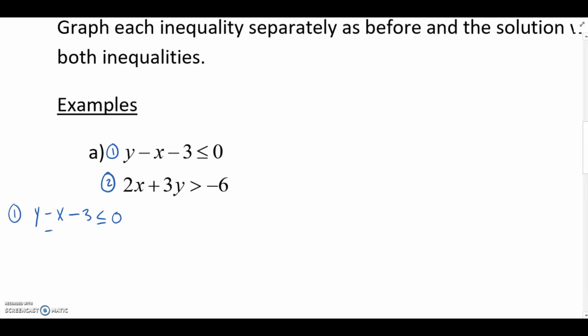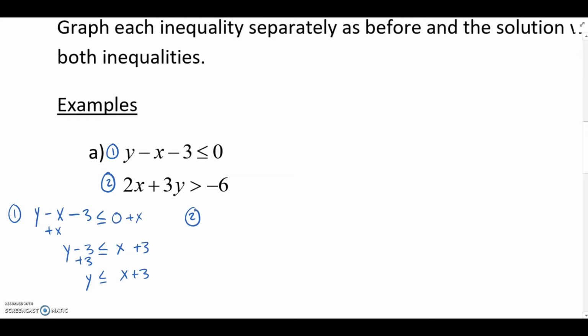Let's move the x by adding x to both sides. So we've got y subtract 3 is less than or equal to x. And then add 3 to both sides. Y is less than or equal to x plus 3. So that's nice for inequality 1.